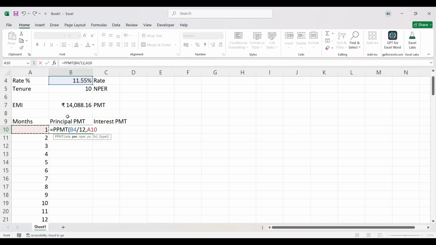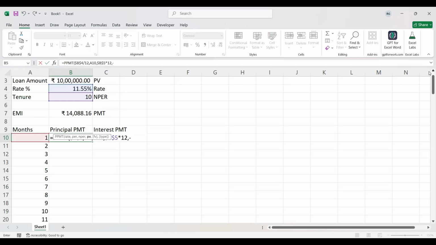Now I have to make sure that this rate is fixed because we have to drag it, so I'll press F4 as a shortcut to freeze it. A10 need not be frozen. NPER is this one, again F4, multiplied by 12. And minus, we have to give the PV, with F4 here. Let's close the bracket. FV and type, again, we don't have to give, as we are calculating for the end of the period only.